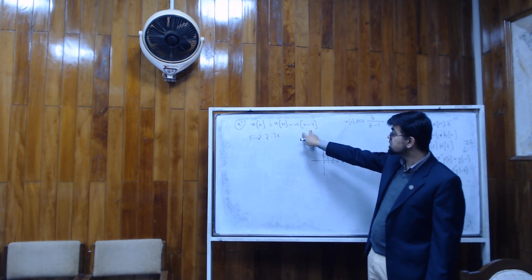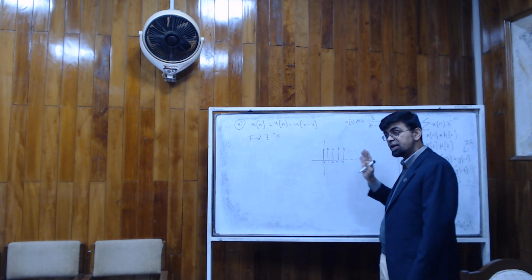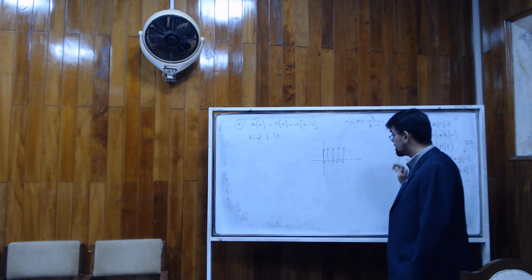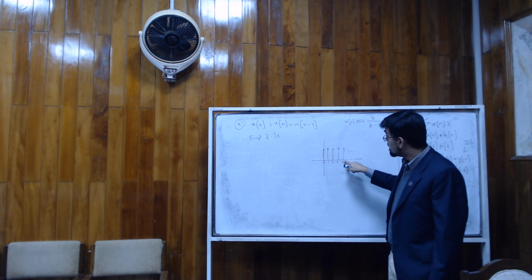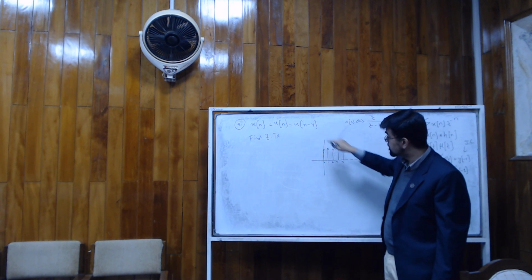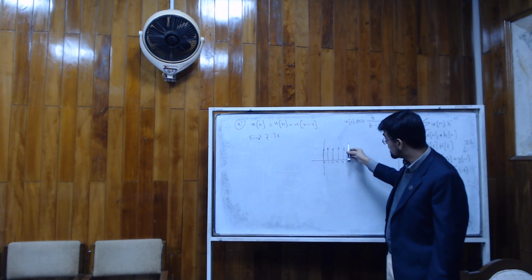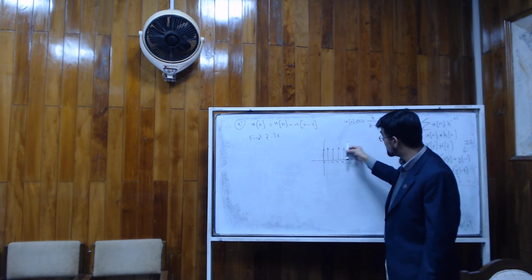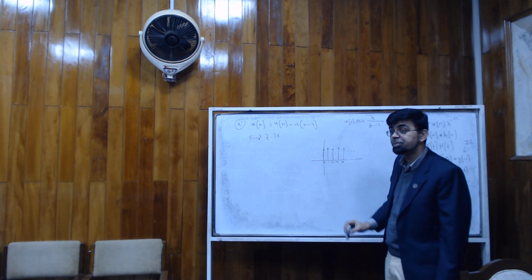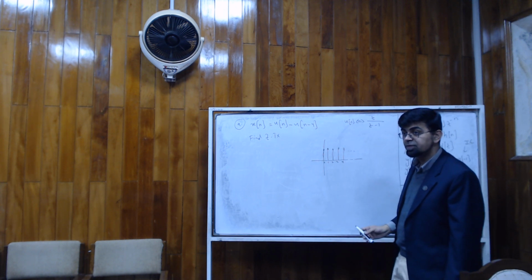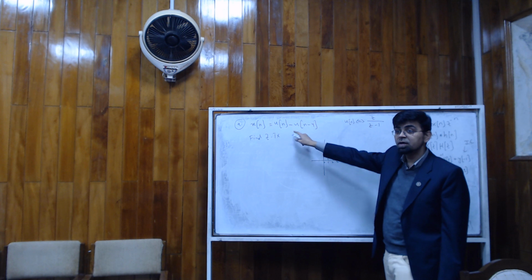Remember, u[n minus 4] is shifted, delayed to the right. So it starts at 4, but because of the minus, what happens? Is it flipped? Yes, because of the minus.